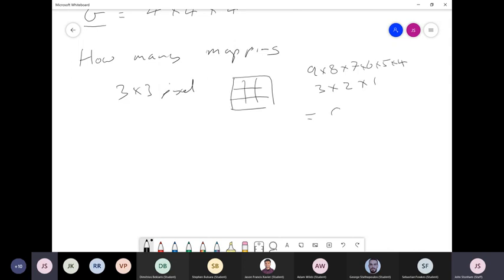That, of course, equals 9 factorial. And if you've got your calculators, 9 factorial, well done, Demetrius. 9 factorial, what is it as a real number? It is, I think, 362,880 different mappings.